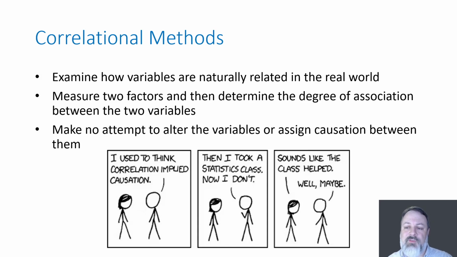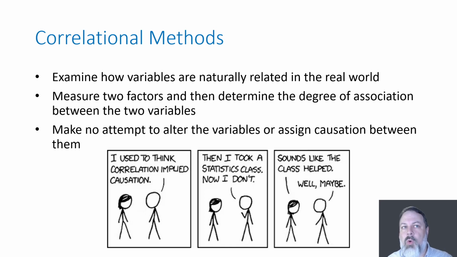If I wanted to know if study time affected how people perform on an exam, would I see that people who study more perform better? In other words, they move in the same direction? Or would I find that people who study more perform worse? That would be the opposite end. They perform oppositely instead of together.